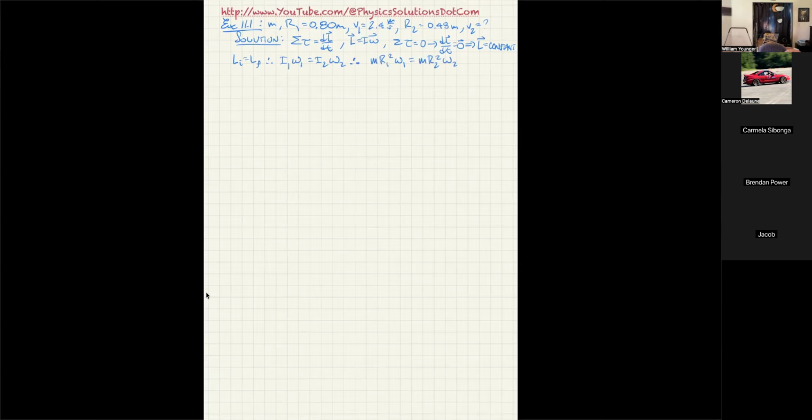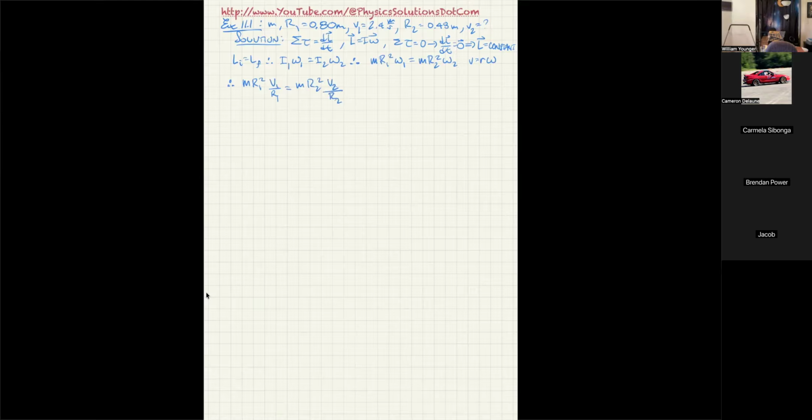And we also need to remember that v is equal to r times omega. So we can actually represent omega with v over r. Now with that, we get m r1 squared v1 over r1 equals m r2 squared v2 over r2, like that.